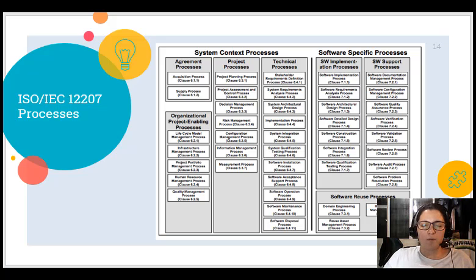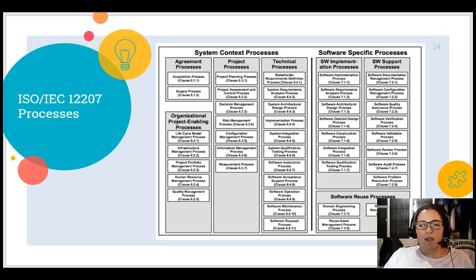Six, software support processes provide a specific focused set of activities for performing a specialized software process. A supporting process assists the software implementation process as an integral part with a distinct purpose, contributing to the success and quality of the software project.